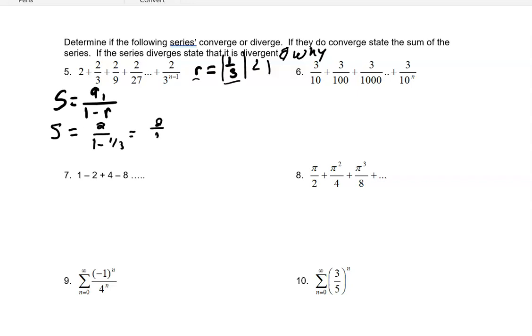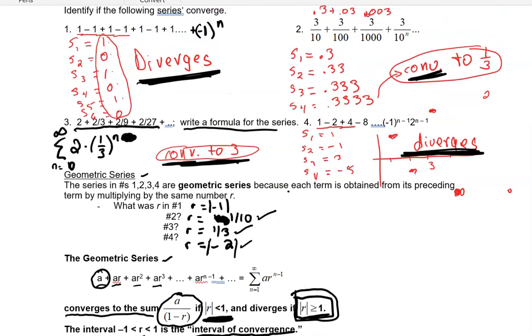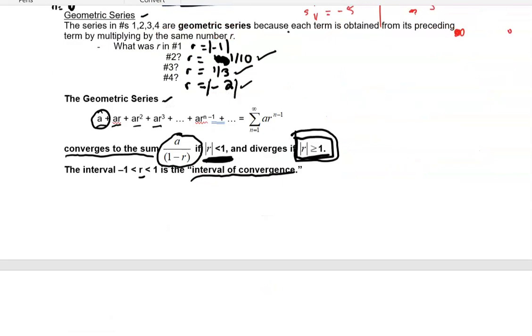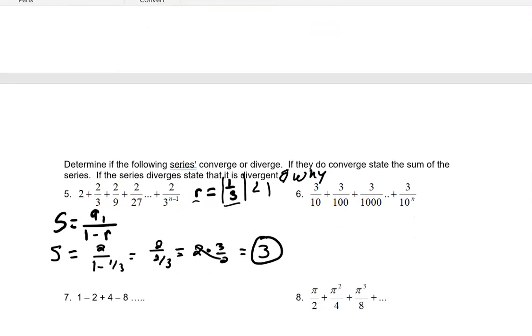So we would end up with 2 over 2/3. Dividing by 2/3 is multiplying by the reciprocal. So if we go ahead and do that, we end up with 2 times 3 over 2. Those are going to cancel, and we find that we were in fact converging to a sum of 3, just like we saw when we wrote out all the partial terms in number 3 on the previous page. Okay, so number 6 should converge.